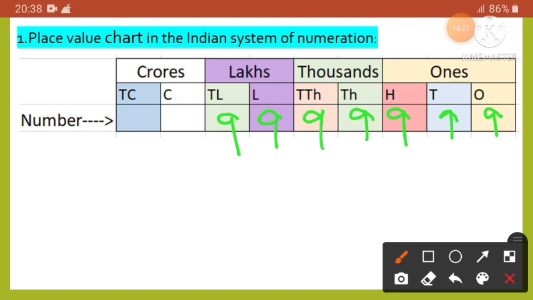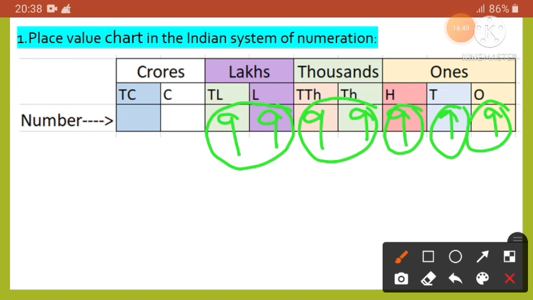In words, in the Indian system of numeration it will be 99 lakhs 99,999. Okay, got it?